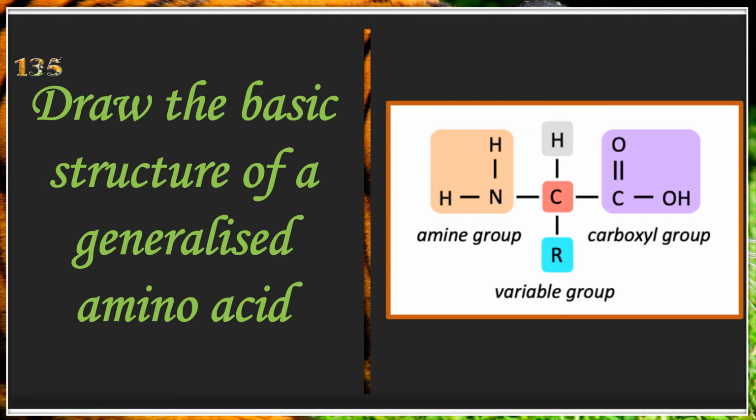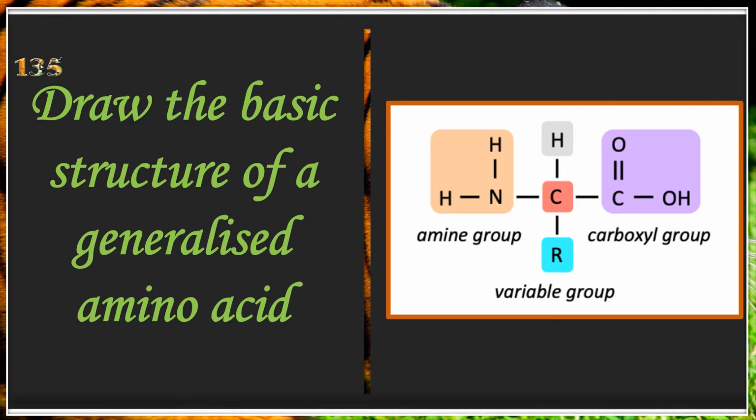When you look at our amino acid, it has the NH2, which is the amine group, attached to the carbon atom, which has a hydrogen atom attached to it and also a variable group.